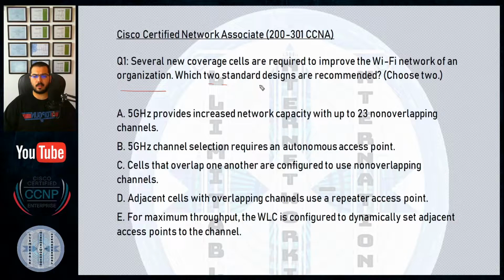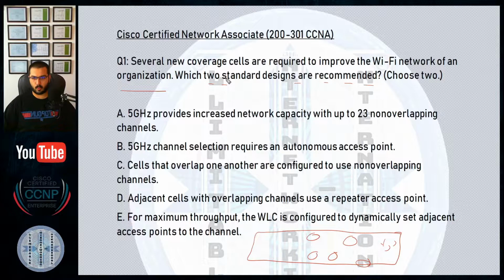Which two standard designs are recommended? The question says that maybe you have this organization that has only one single floor and it has some areas that are covered. What is required is several new coverage cells.